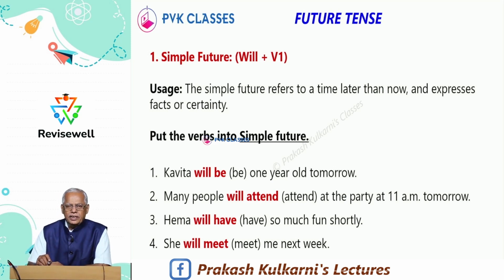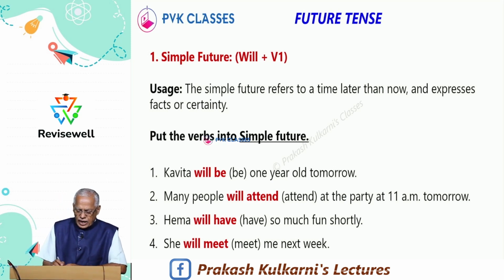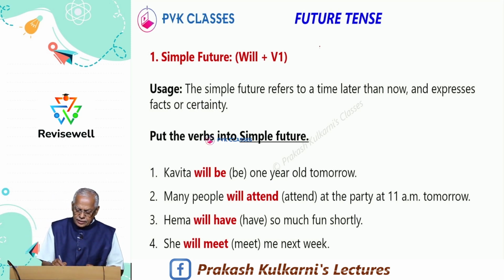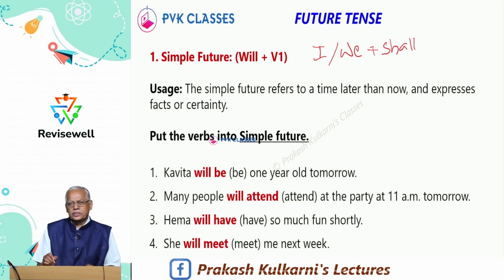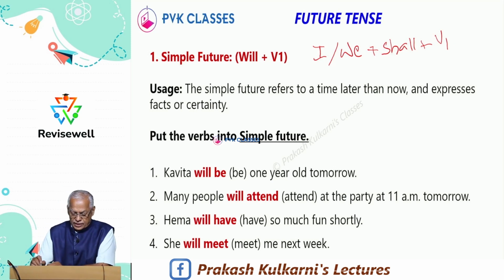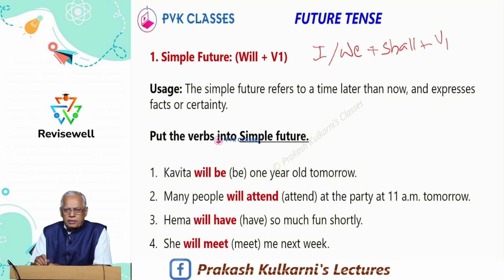With I and we, generally we use shall, whereas with other pronouns we use will. This is followed by a present tense verb or base verb. For example, I will go, I will come, I will discuss, like that.